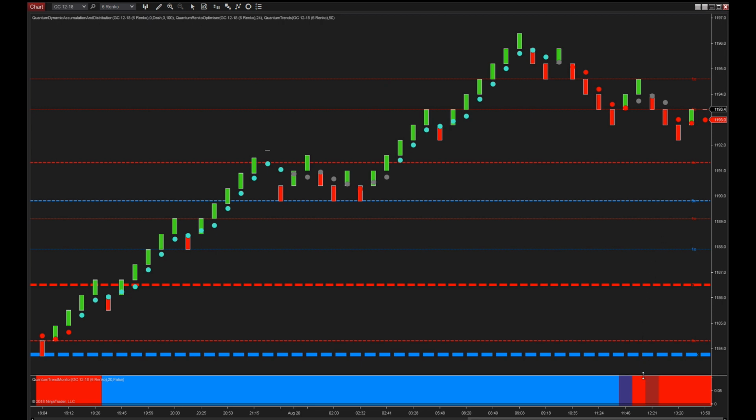And then what the trend monitor does down at the bottom is it takes a much more considered view. It takes a longer term view, if you will, of the trend development. And as it moves into these phases of congestion, you can see here we've got this congestion and the trend monitor has transitioned to a darker blue. It's gone back into bright red and we've done the transition.